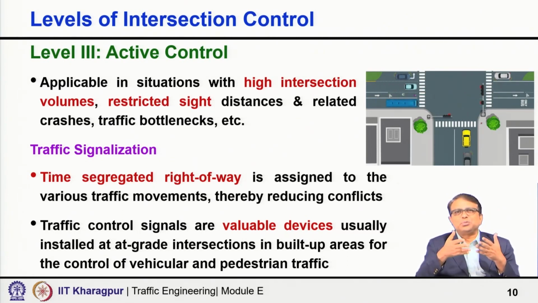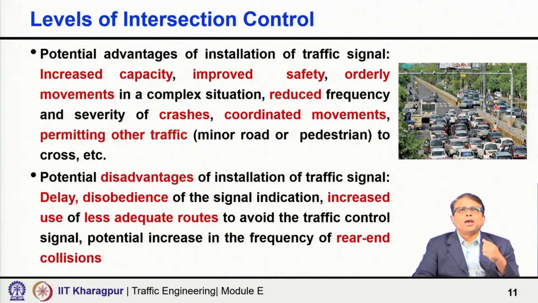So, the conflict could be vehicle to vehicle, vehicle to pedestrian, or vehicle to bicycle movement conflicts. A variety of conflicts may be there. Overall we want to enhance safety by providing time segregation or traffic signal control.